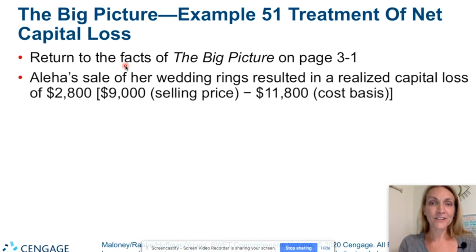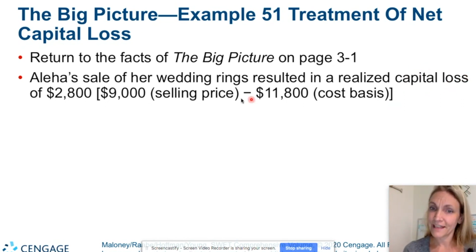So now back to this big picture. She sold her wedding ring and it resulted in a realized capital loss. Now that's presuming that a wedding ring was bought and held for investment purposes, which I kind of have trouble believing that. I would say that it was personal use.